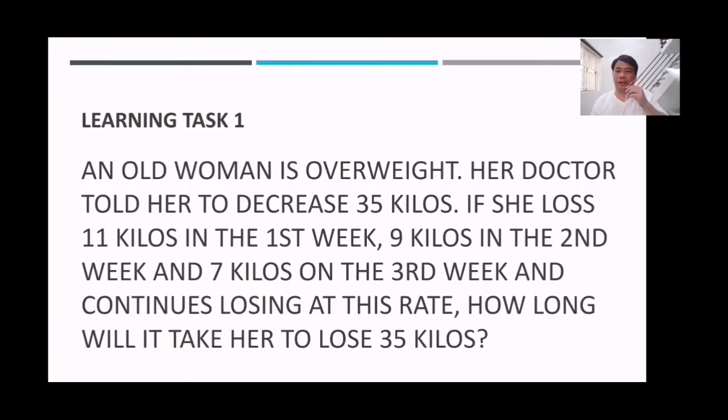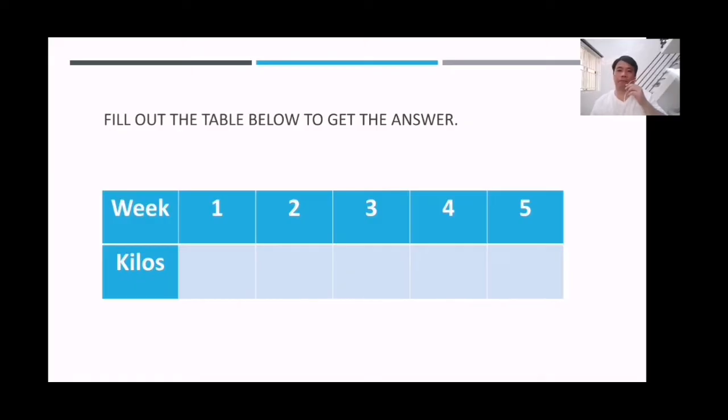Okay, so after analyzing, I have here a table. We'll fill out or complete this table. We have the row of weeks, week 1, week 2, week 3, week 4, and week 5. And the row of kilos. So, this is the one without answers.